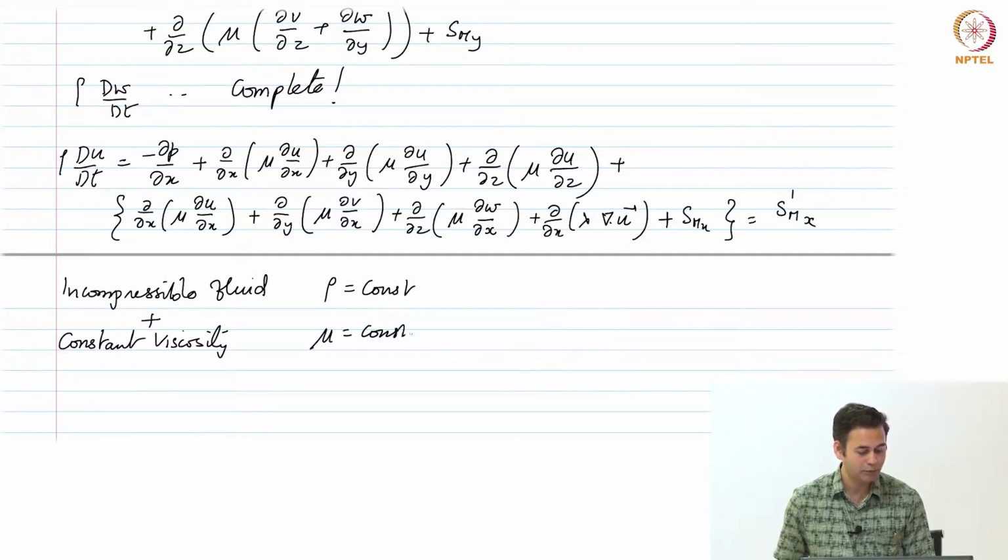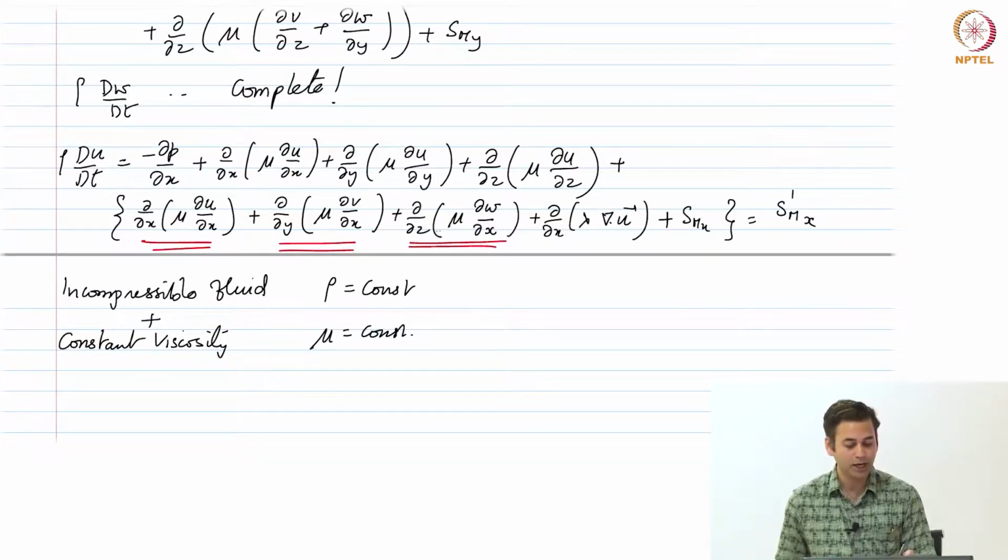So, if my μ is constant, I can interchange the order of differentiation here. Instead of writing ∂/∂z of μ ∂w/∂x, I can write it as ∂/∂x of μ ∂w/∂z.